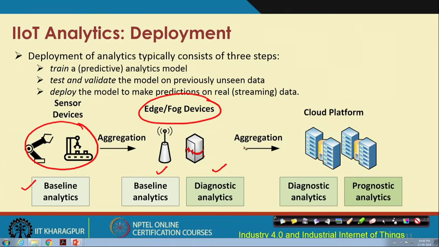Again this data is further aggregated and sent to the cloud, and in the cloud diagnostic analytics and prognostic analytics will be performed. So, starting from baseline analytics at the source, to a combination of baseline and diagnostic at the edge, to diagnostic and prognostic analytics at the cloud, we have these different phases of operation of analytics.